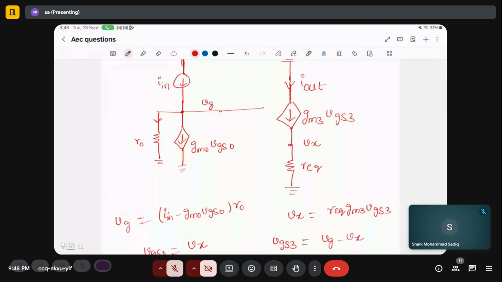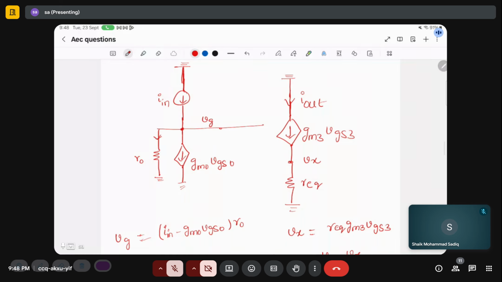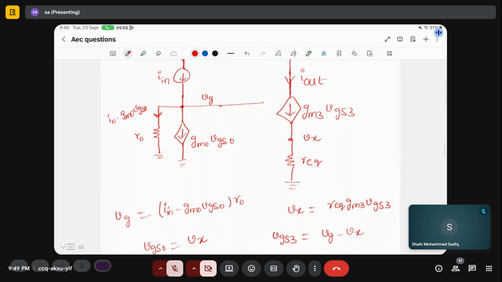Yes, fine. So the node voltage VG: the current flowing in is Iin minus gm0 VGS0 into the resistance r0.